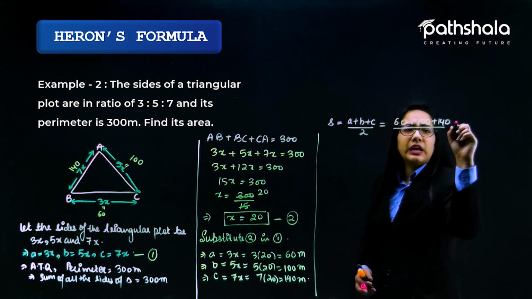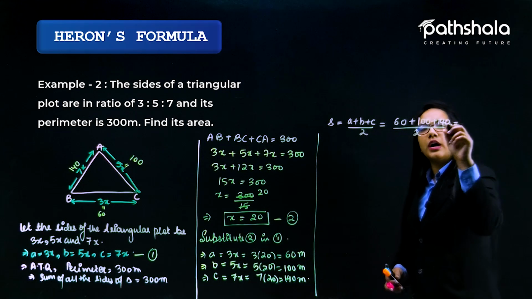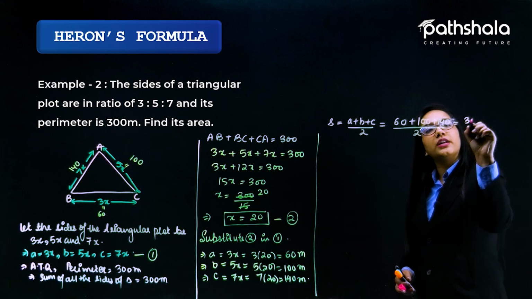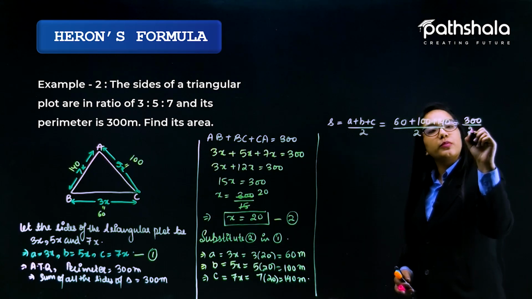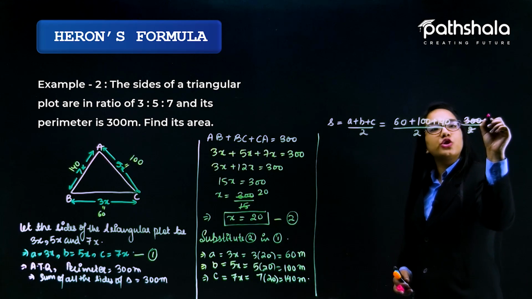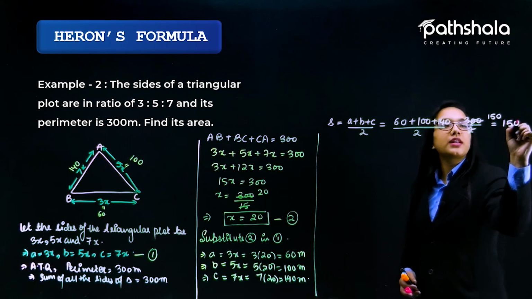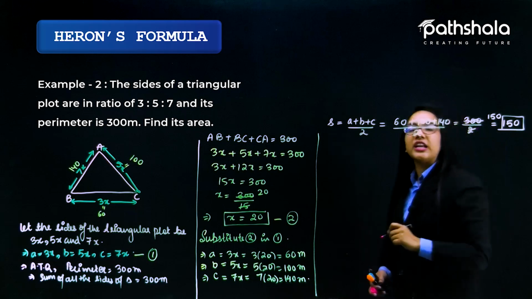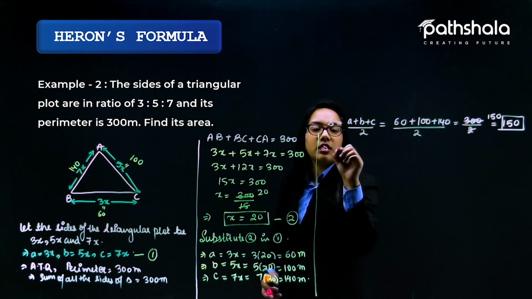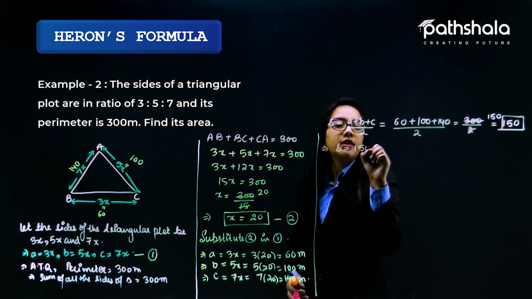That is 300 divided by 2, so the semi-perimeter S comes out to be 150.